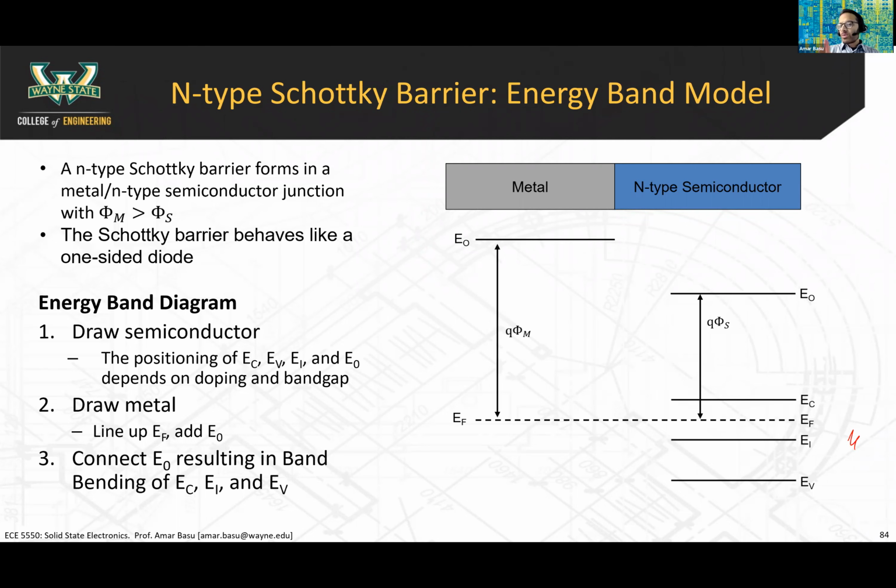So in this case, we will connect the free electron levels, E0. The free electron level in the metal has to be continuous with the free electron level in the semiconductor, just like the conduction bands and valence bands had to be continuous in a diode.